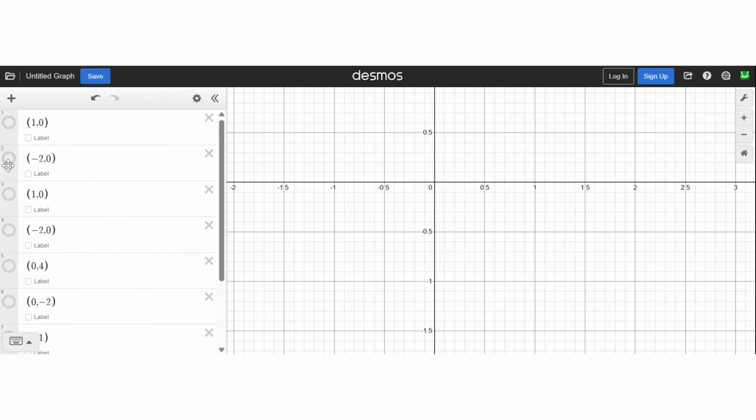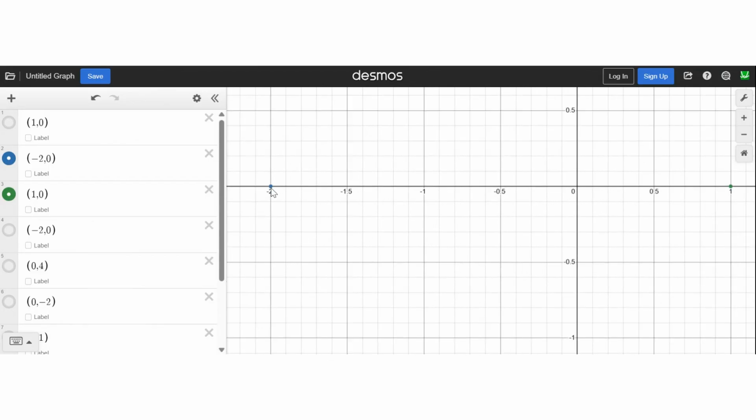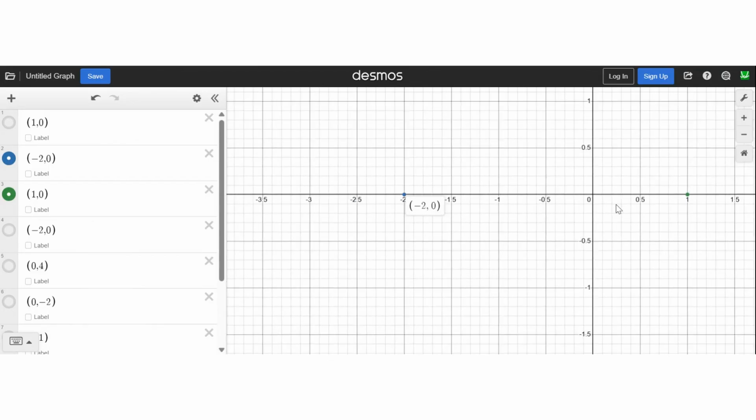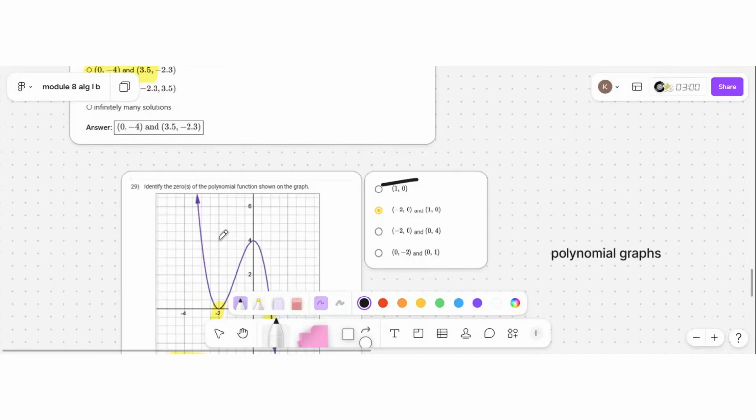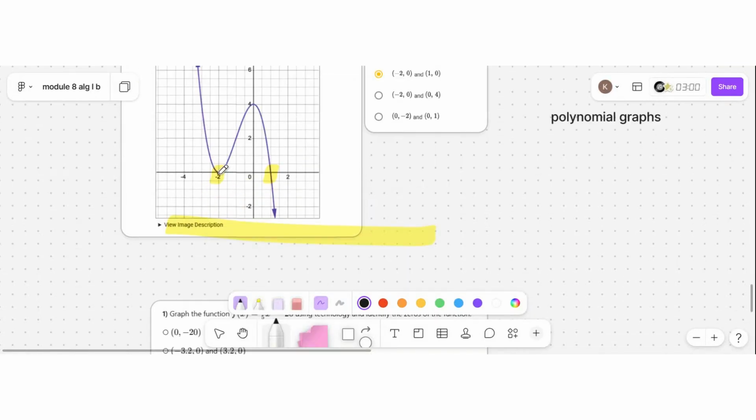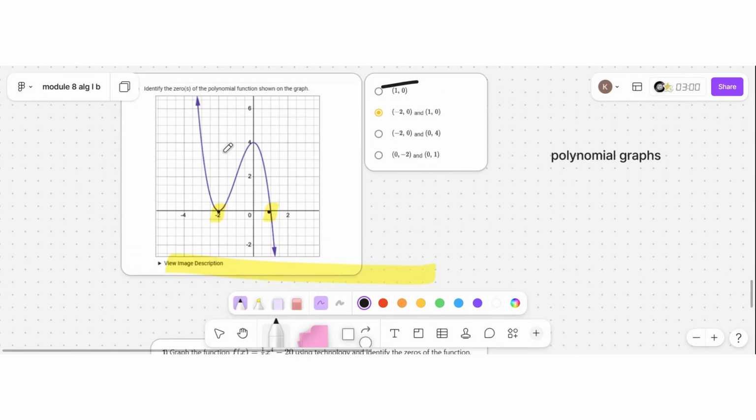Let's look at the next one. We have (-2, 0) and (1, 0). If we look at these dots, that's right here on -2, and it's on the x-axis at 1. And if we go here, on the x-axis, it's at -2, and it's at 1. So we can see right away that that is our answer.